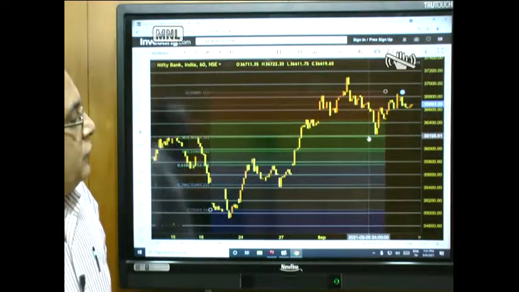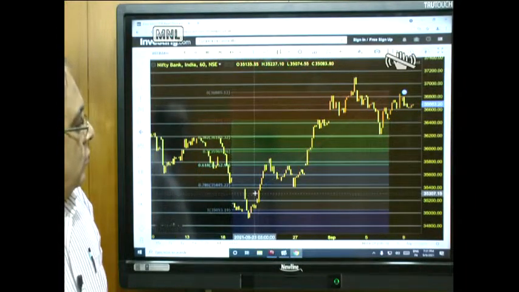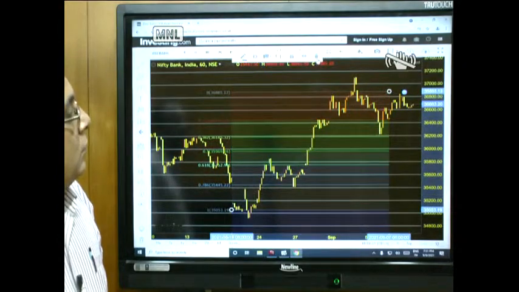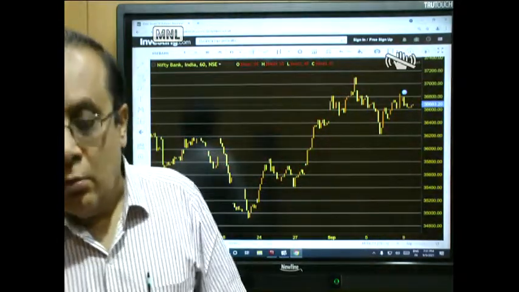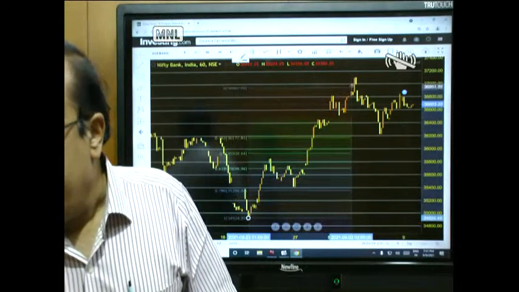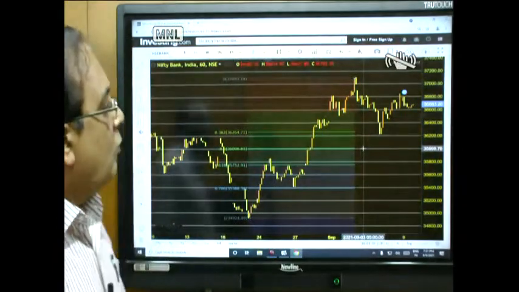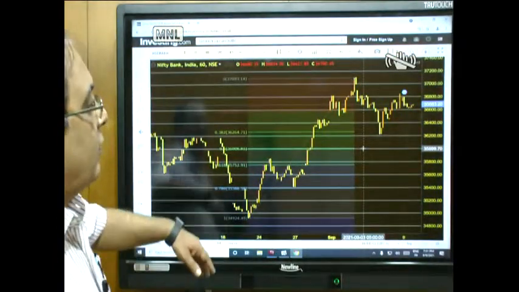Now, see the chart which we have drawn from. I'll just remove this. So now we have visibility.